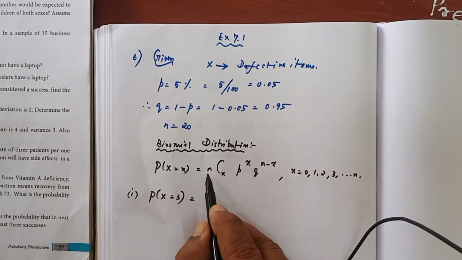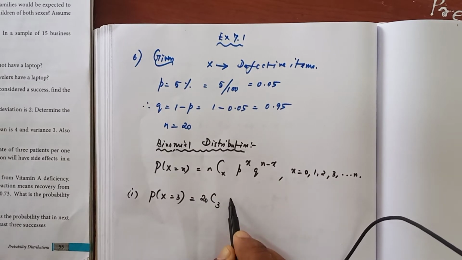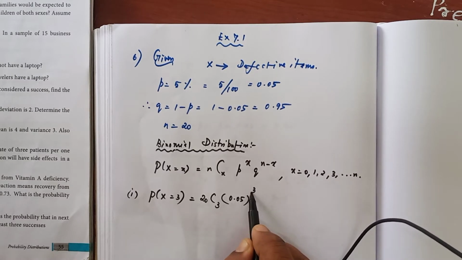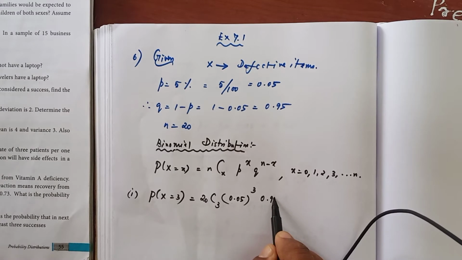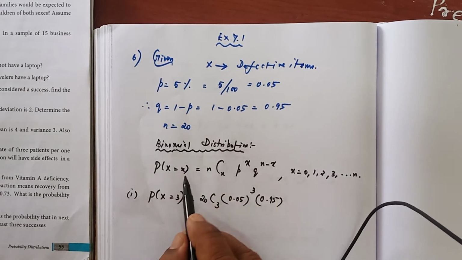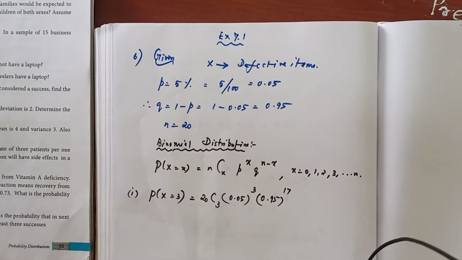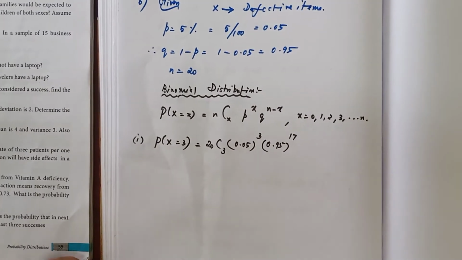Now you can substitute the n value, that is 20. C, x value is 3, p value is 0.05 power x, x value is 3, then q is 0.95 power n minus x, 20 minus 3 that is 17. You can directly write. Now 20C3, you know how to find the value of 20C3.